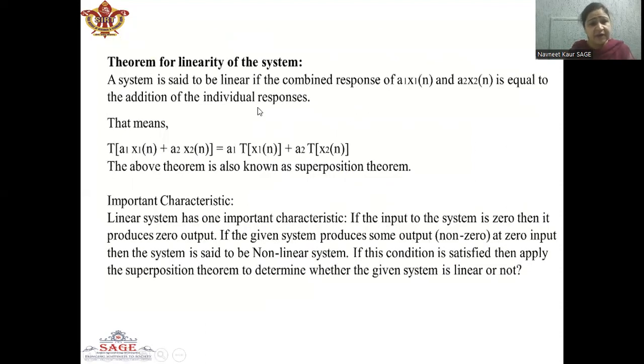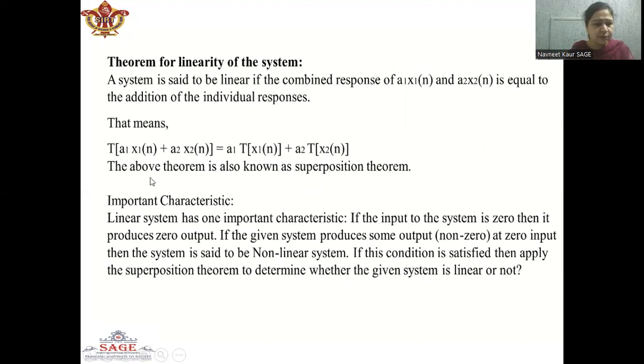If I add a1x1[n] plus a2x2[n] and give it to the particular system, in that case the corresponding outputs will also be added. This theorem is known as the superposition theorem.